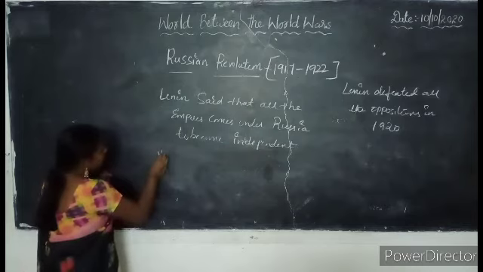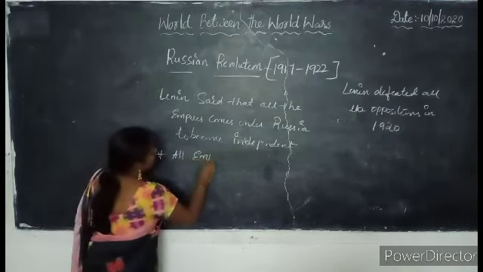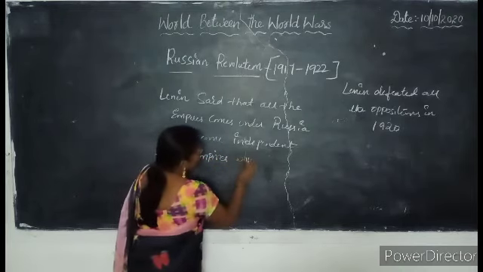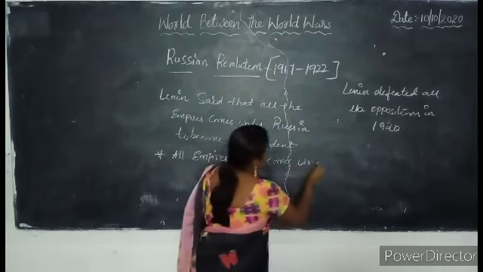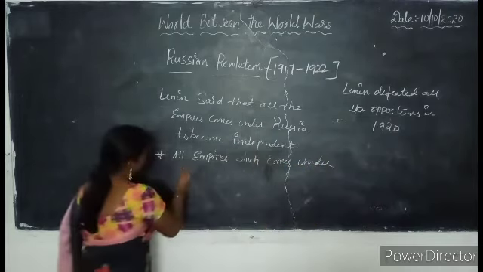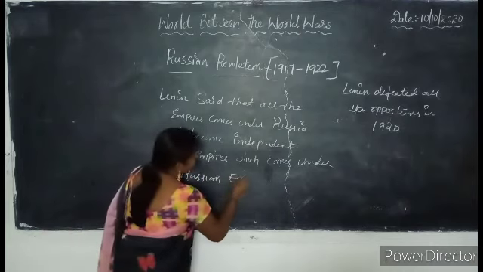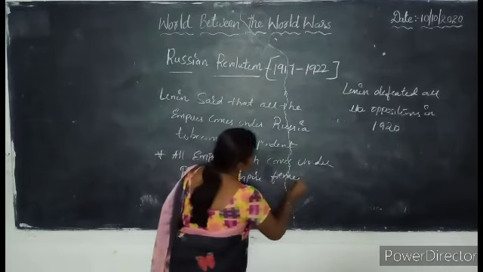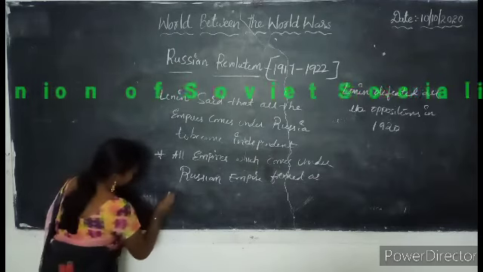So all the empires which come under the Russian Empire formed the USSR.